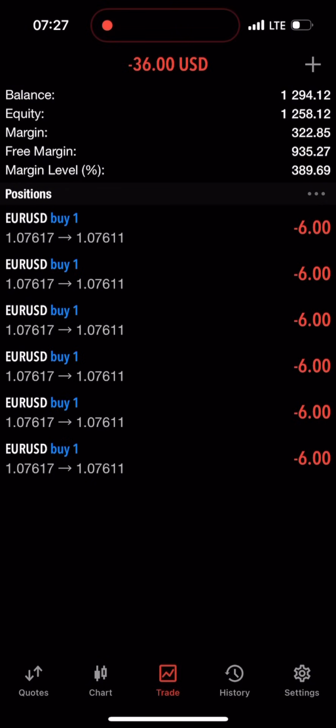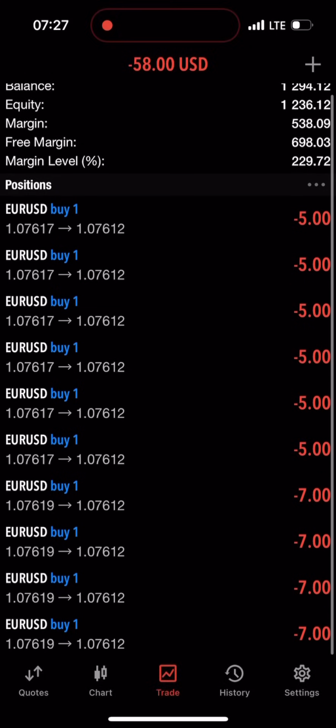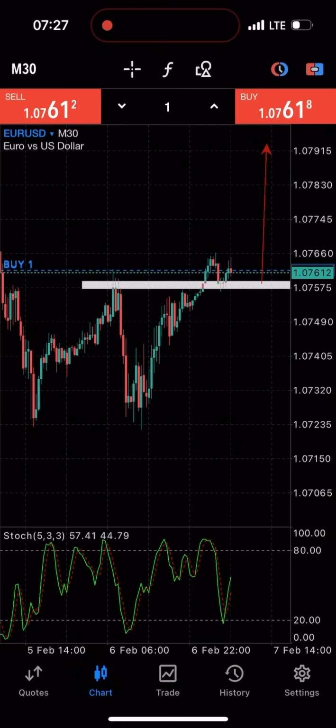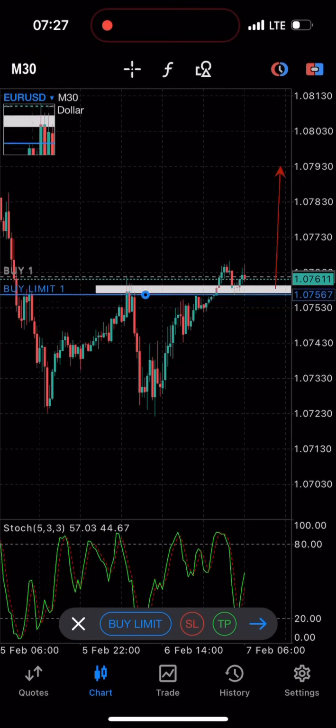All right, so let's start stacking up some buys now. Let's enter more buys and then let's place some buy limit orders at the main retest zone here.